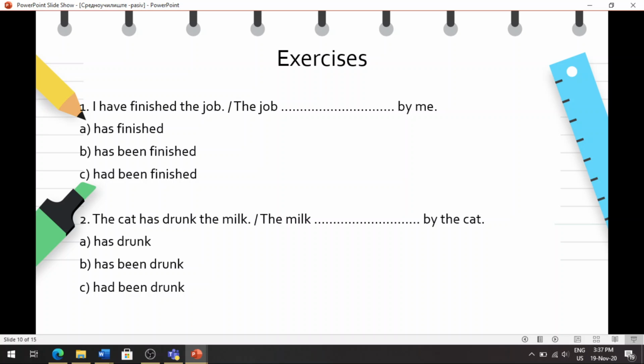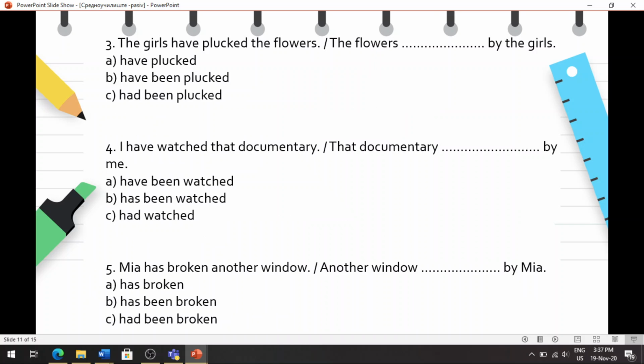I have finished the job. The job has finished, has been finished, or had been finished by me. The second sentence: the cat has drunk the milk. The milk has drunk, has been drunk, or had been drunk by the cat. The third sentence: the girls have plucked the flowers. The flowers have been plucked by the girls.